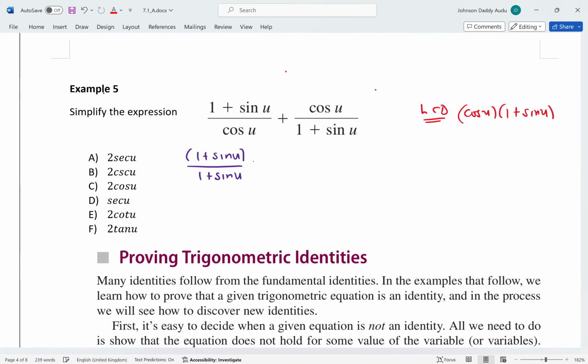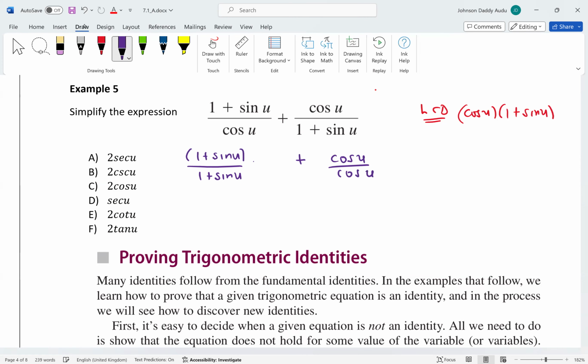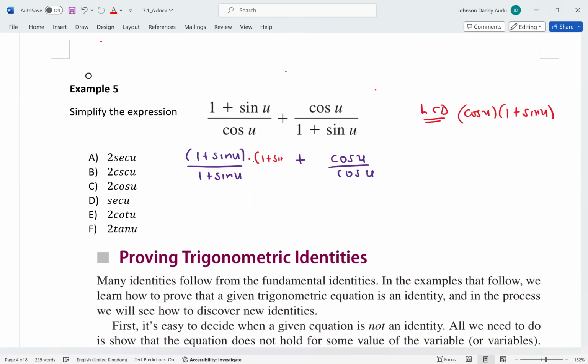And we can multiply the second term by cosine u over cosine u. So here will be 1 plus sine u again over cosine u, and this will be cosine u over 1 plus sine of u.